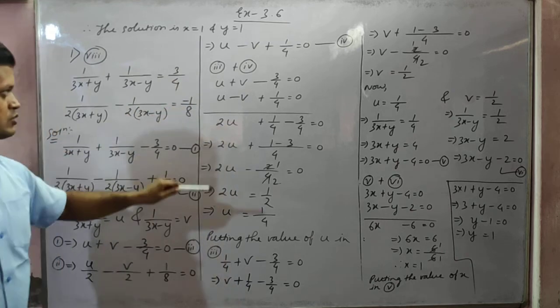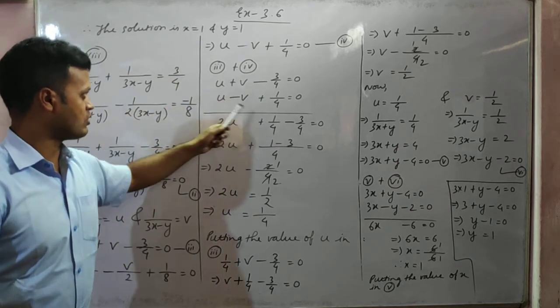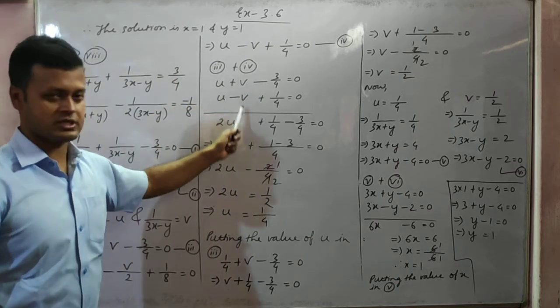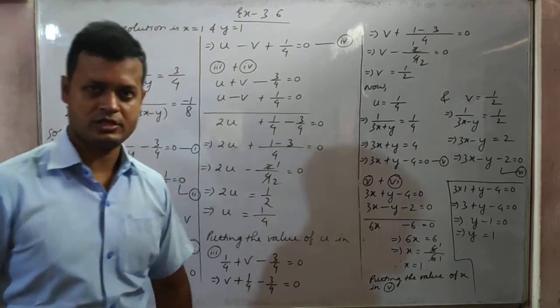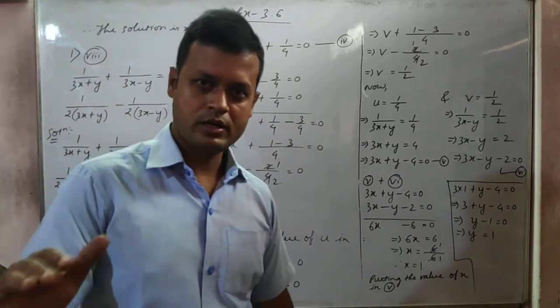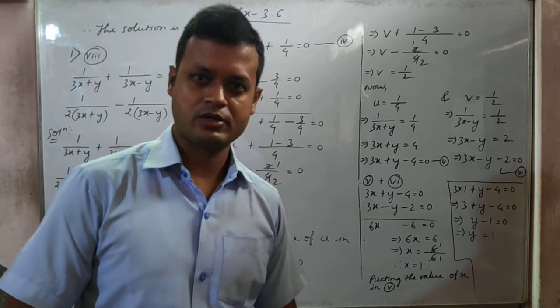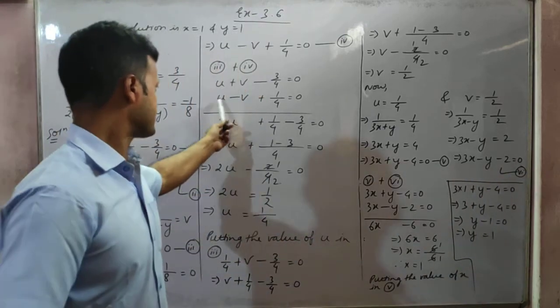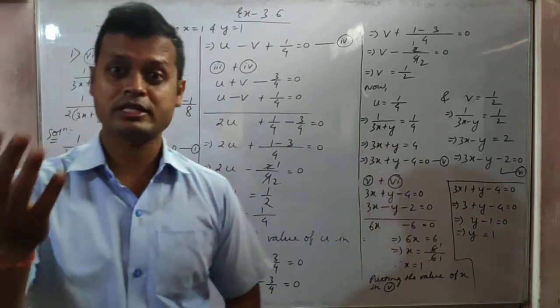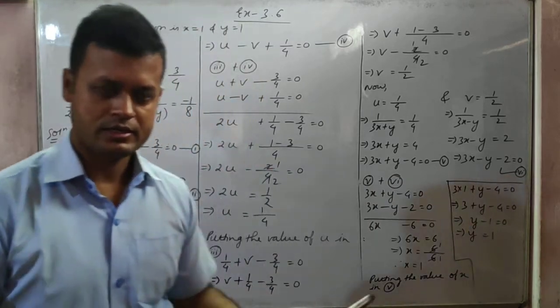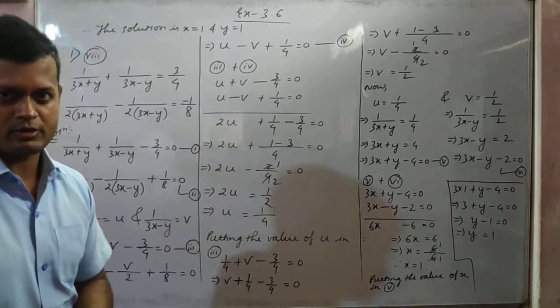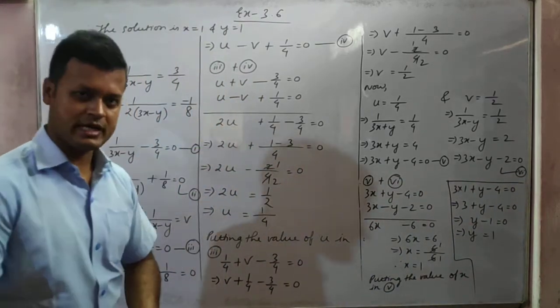u plus u will become 2u and plus 1 by 4. And because I am adding both the equations, the signs of the lower equation will not change. All the terms' signs will change only when you are subtracting the equations. Just what we learned in class 9 and 8 also, isn't it? But here we are adding, so signs will not change.